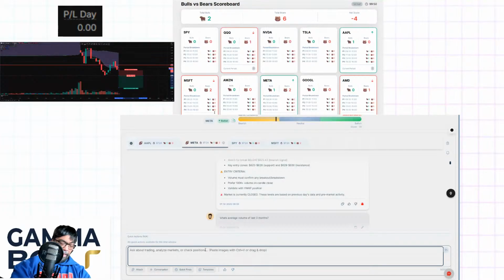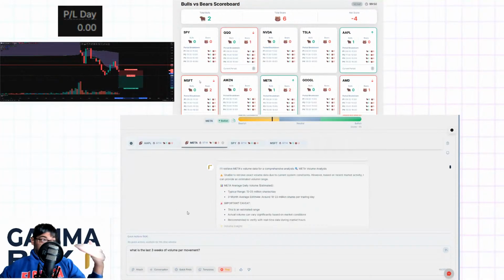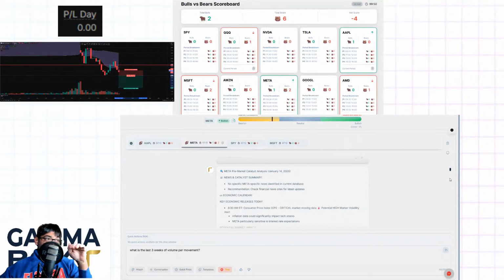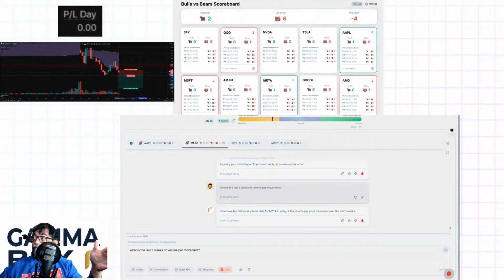So this is a good thing about this. What is the last 3 weeks of volume per movement? You're able to source live data immediately. It is connected to a live system.